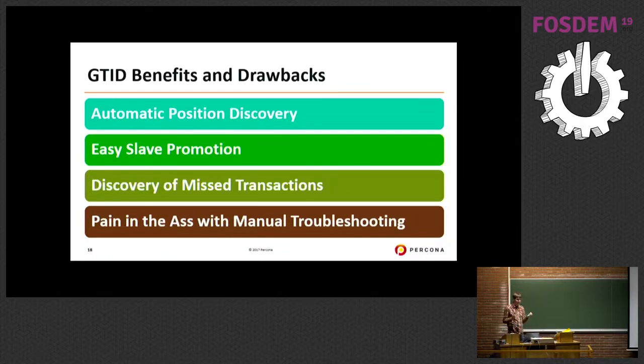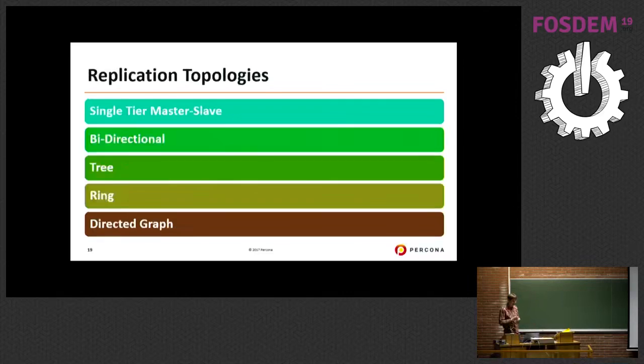But it's also a pain for manual troubleshooting. With position-based replication, if there are a few transactions you can skip, or you have some rows missing, you can always just manually apply the updates. With GTID, it becomes substantially more complicated.